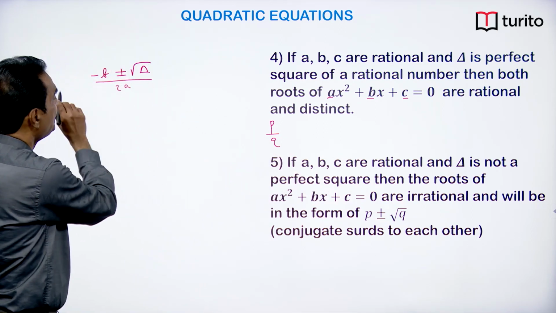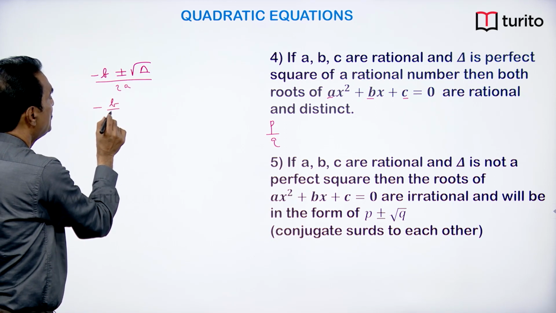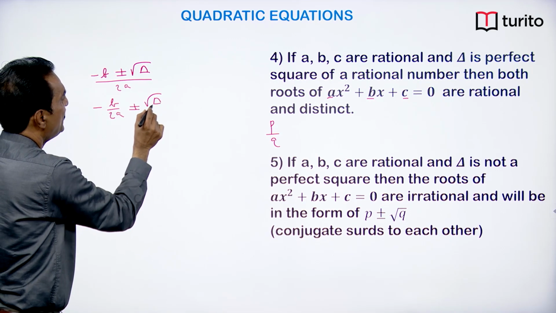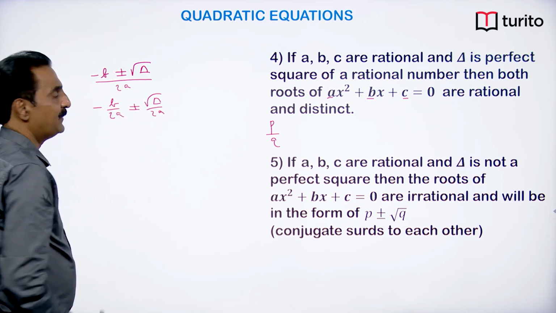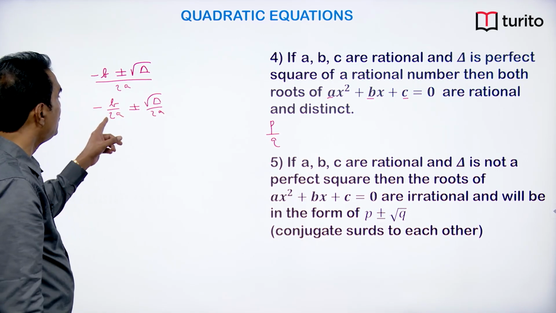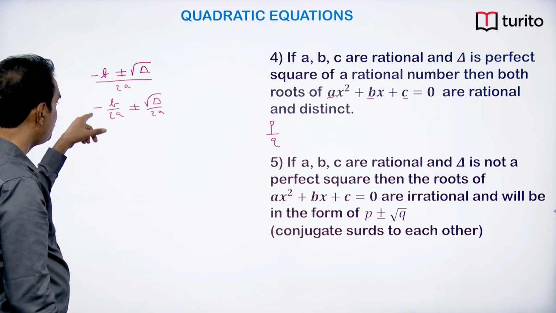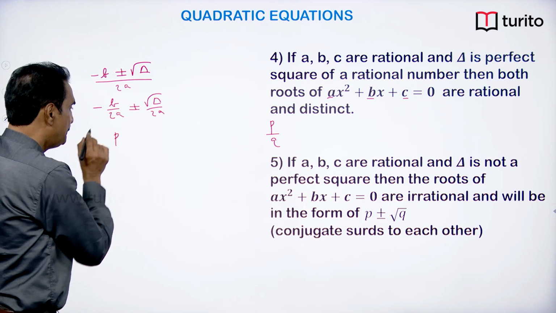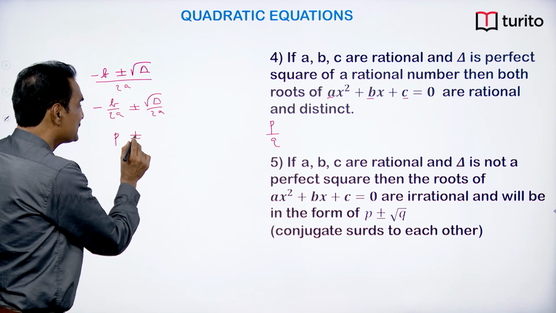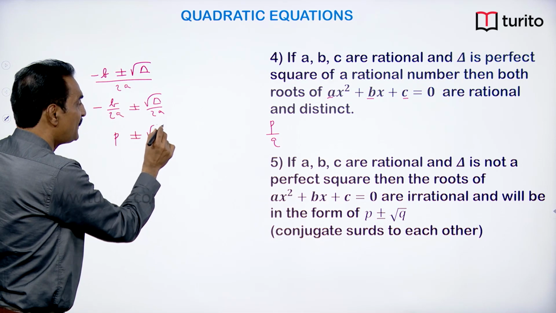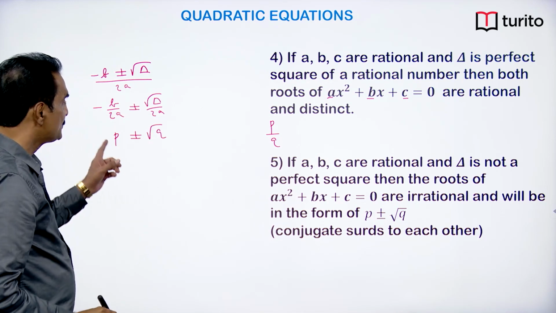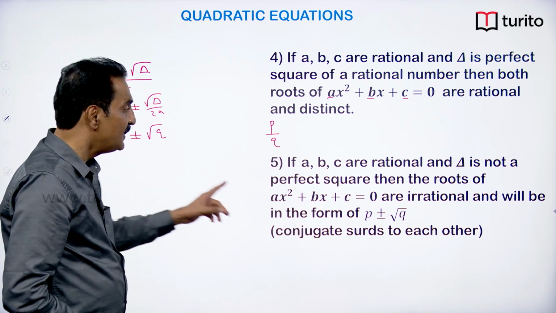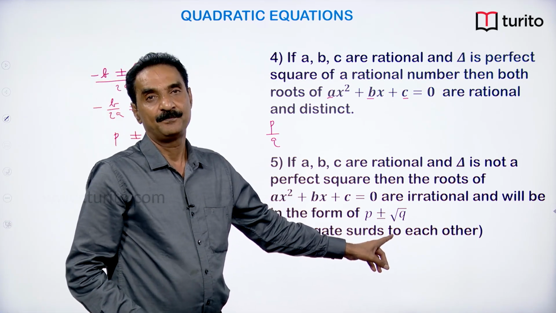Then if we separate 2a, minus b by 2a plus or minus root delta by 2a, this is a rational number, rational by rational is rational, p plus or minus, this can be expressed in the form of root q. So, if the roots are irrational, they will be in the form of p plus or minus root q.